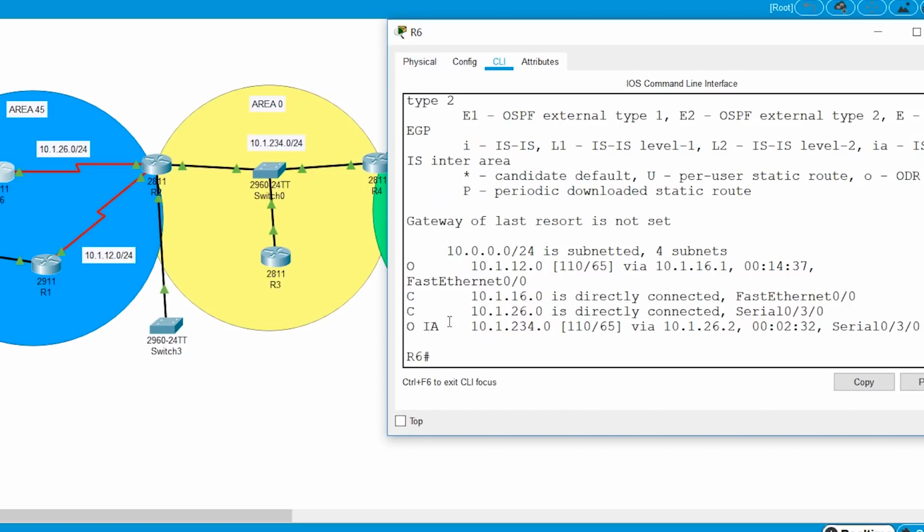It's coming from an area other than 45, which is area 0, and it's an inter area OSPF route. But did it learn 1.20? 1.20 was there in router 2, but it did not learn 1.20 because 1.20 is not participating in OSPF, right? It is there, but is not participating in OSPF.